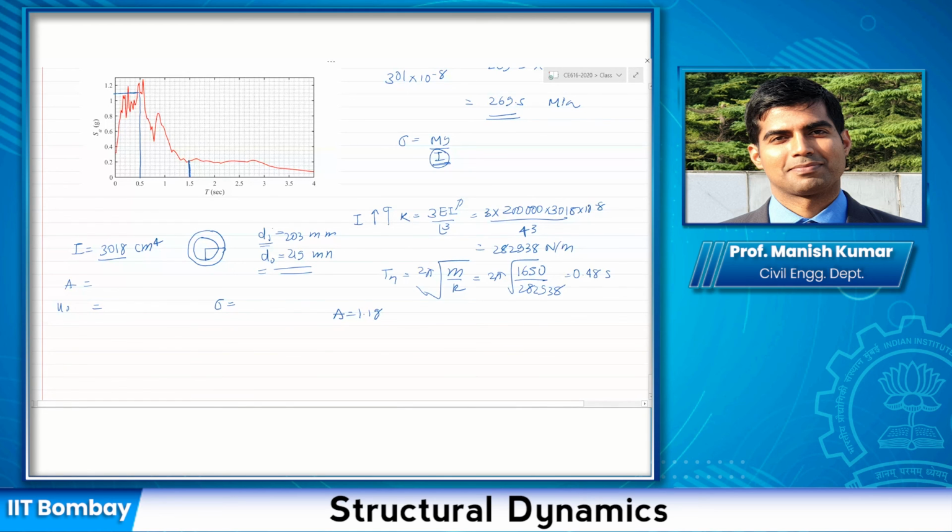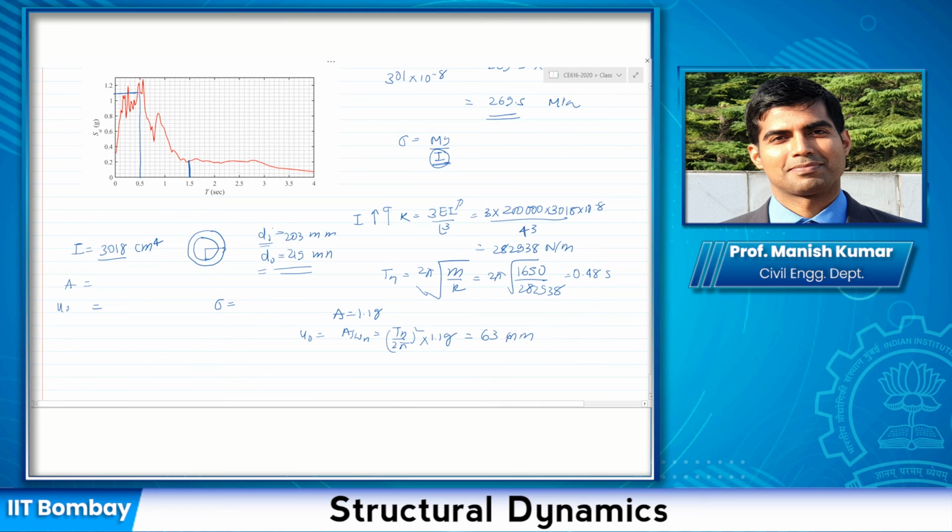For this value, what is u naught here? It would be A by omega n square, which would be Tn by 2 pi squared times 1.1 g. How much do I get after substituting the values? 0.48 divided by... I'm getting approximately 63 mm.